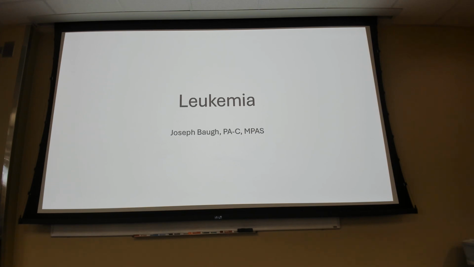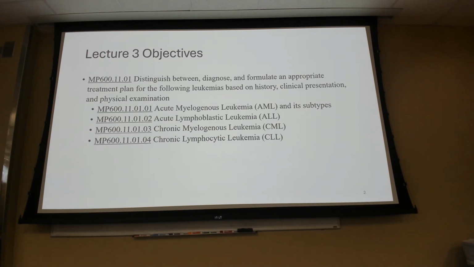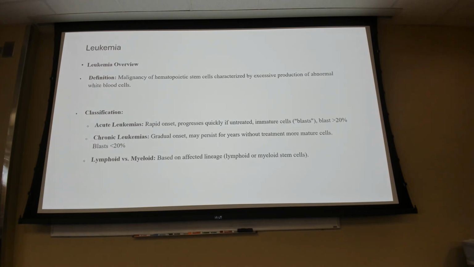All right, let's run through the slides, nice and slow. AML, there are your subtypes we talked about. So leukemia, kind of what we just talked about. This malignancy of hematopoietic stem cells, got it. Overproduction of an abnormal cell.